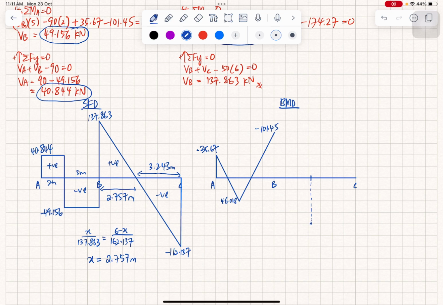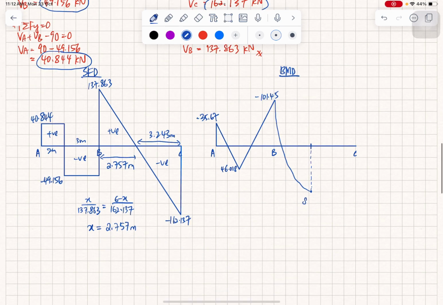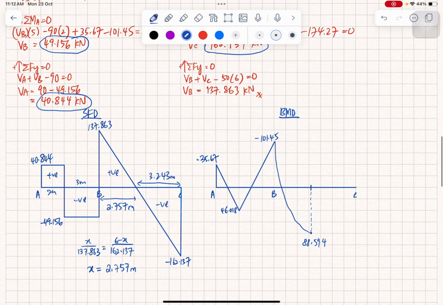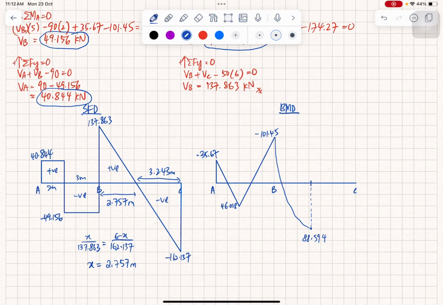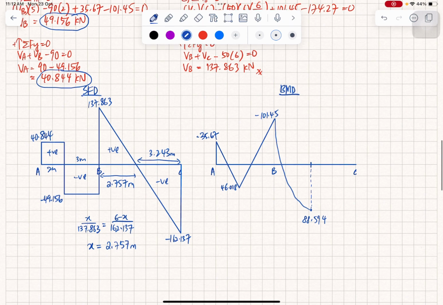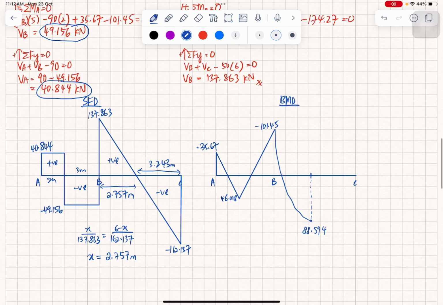It is a curve, 88.594. And then lastly, the last triangle, so minus the area of the triangle because it is negative. Negative 174.311. Negative means upwards, so going up, maybe here.